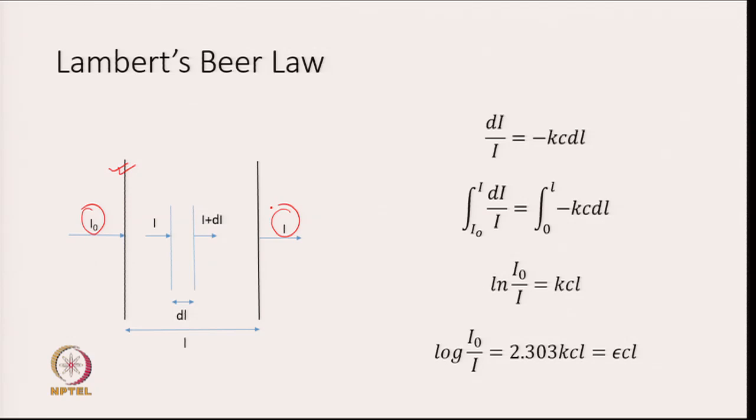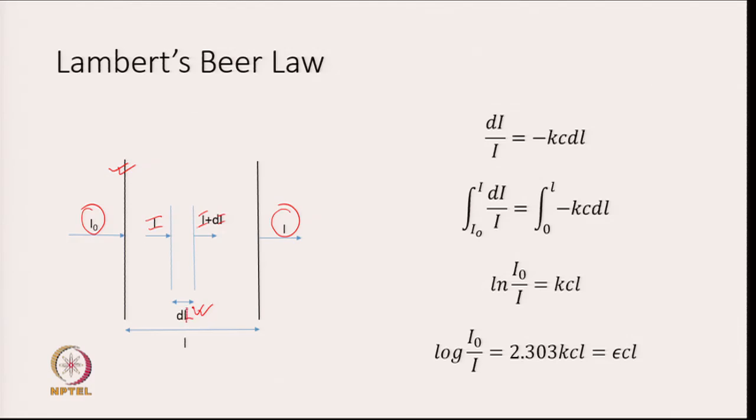So, let us think about a very infinitesimal volume in this cuvette. If here the intensity is I, it changes to I plus dI when it passes through this small volume, and the length of this is dl.